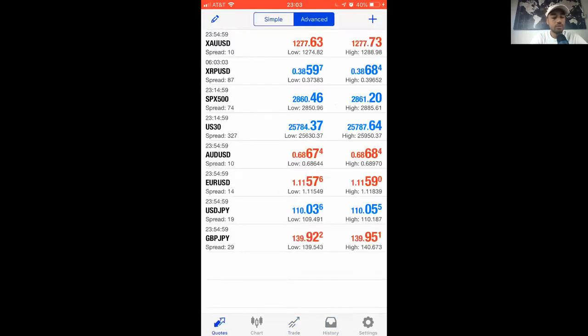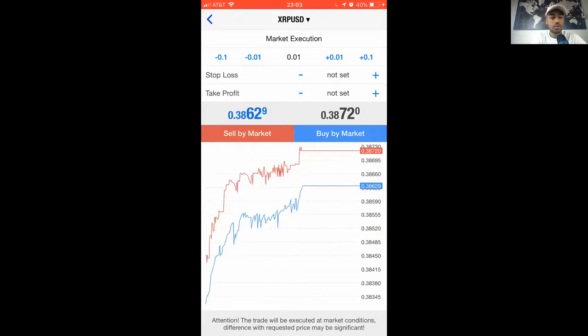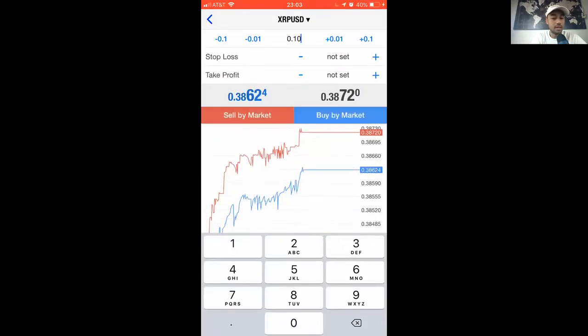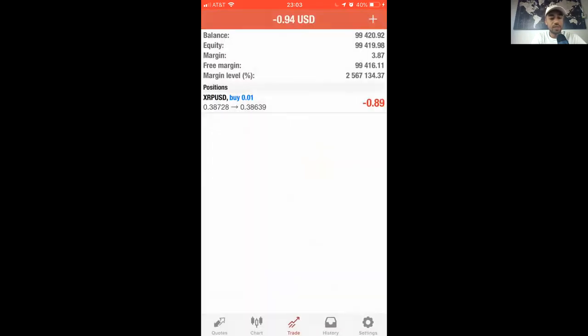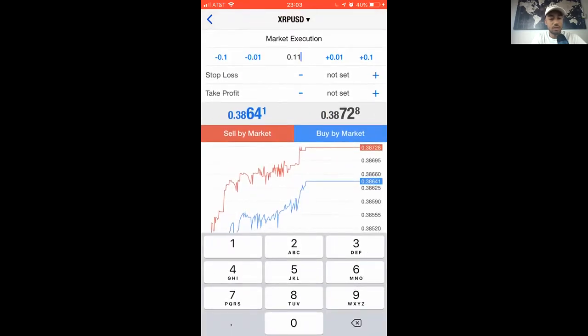Now I want to hold on to that, click where it says trade, and go to, let's say, a 0.10. Actually, let me put 0.01. I'm going to buy that. You can change it from here as well. You can put it up by clicking on that right side, put it down by clicking there.